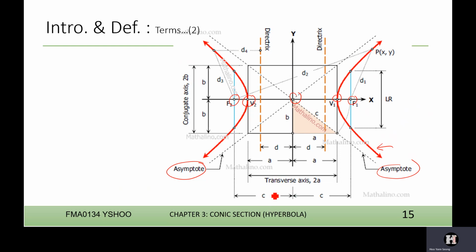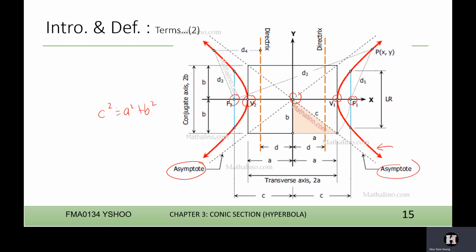So what is the relationship between A, B, and C? The relationship is C squared equals A squared plus B squared.